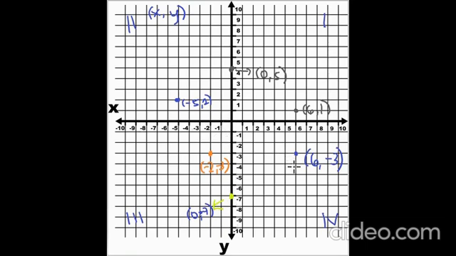Tapos tuloy-tuloy na pababa. So, lahat ng numbers na nandito, or lahat, rather, ng coordinates or points, ordered pairs, na nandito sa side na to, it belongs to quadrant 1.